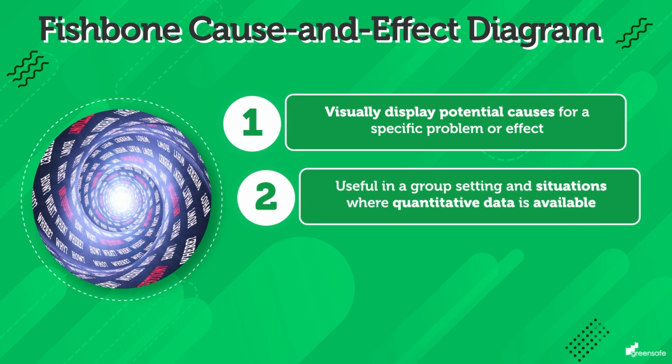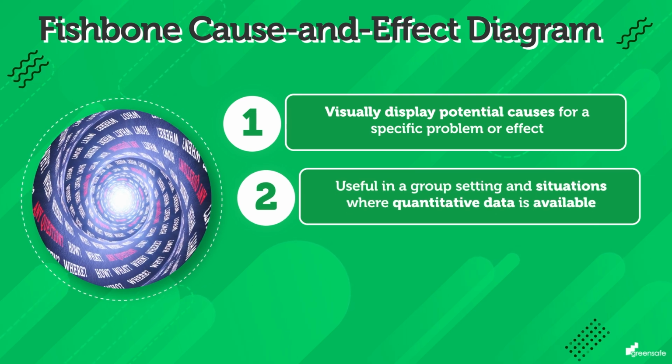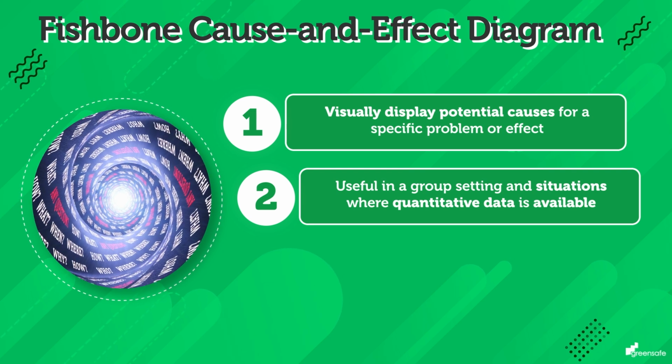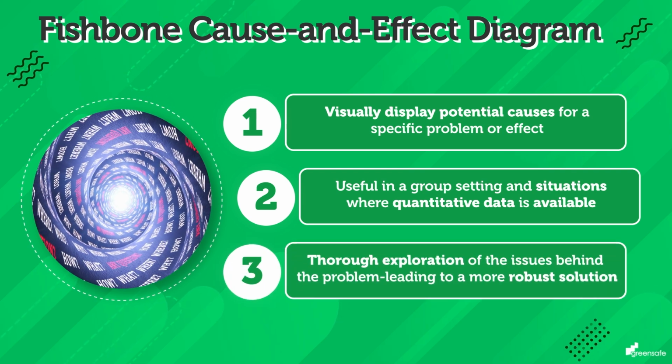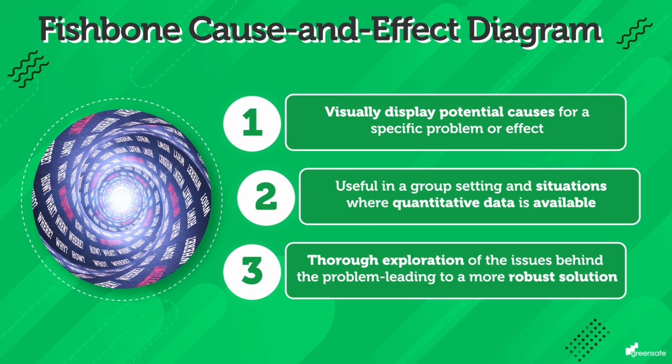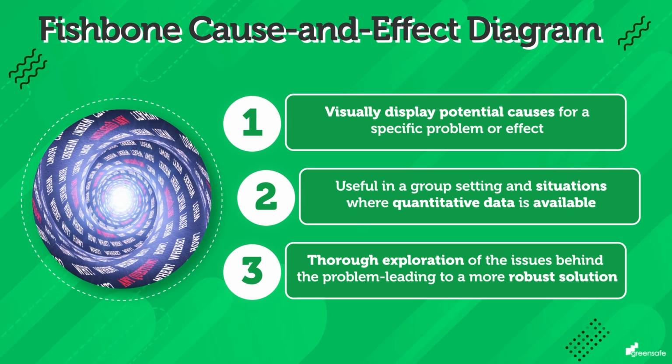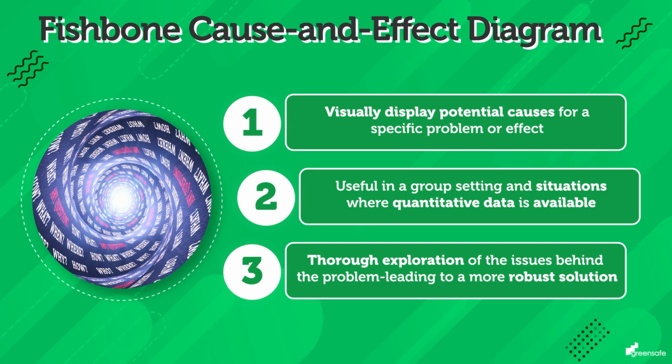It is particularly useful in a group setting and situations where little or no quantitative data is available for analysis. What's more, this method helps to bring out a more thorough exploration of the issues behind the problem. In turn, this leads to a more robust solution for the problem at hand.